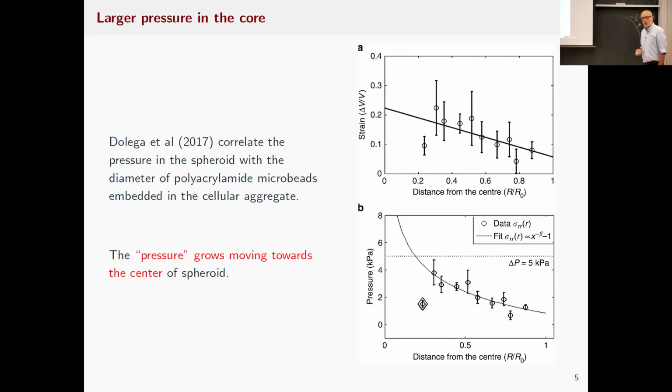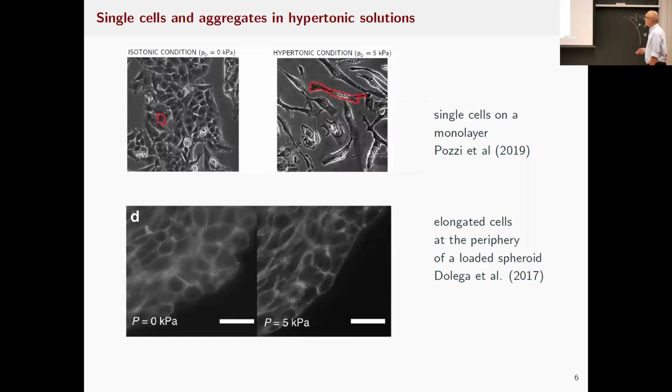So is there any possibility to do a mechanical model which is able to account for what happens here? Which is not trivial, because we should give account both for the growth, which is reduced by the load, and for this non-homogeneous stress inside the material. It is also known what happens to single cells when you apply a hypertonic solution and so on, but it is clear that when you have an aggregate, things are different.